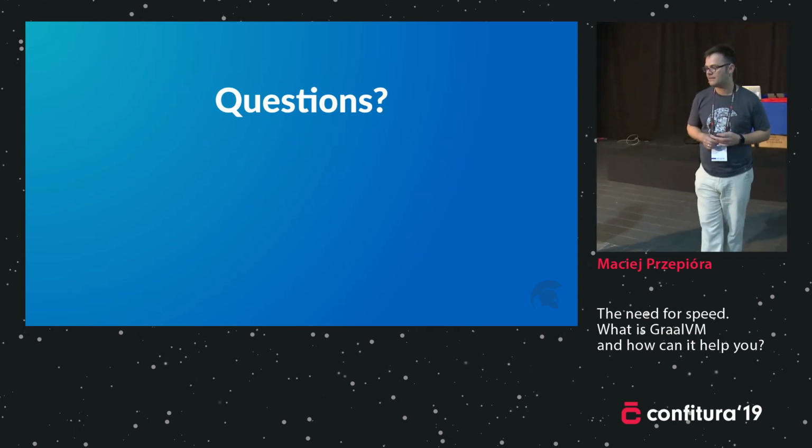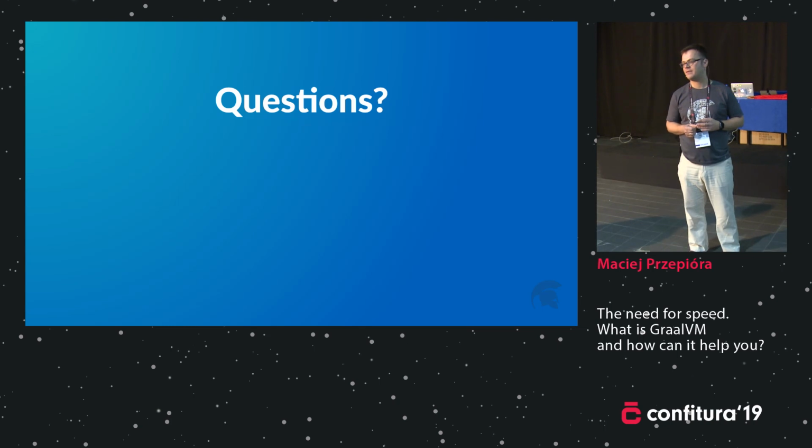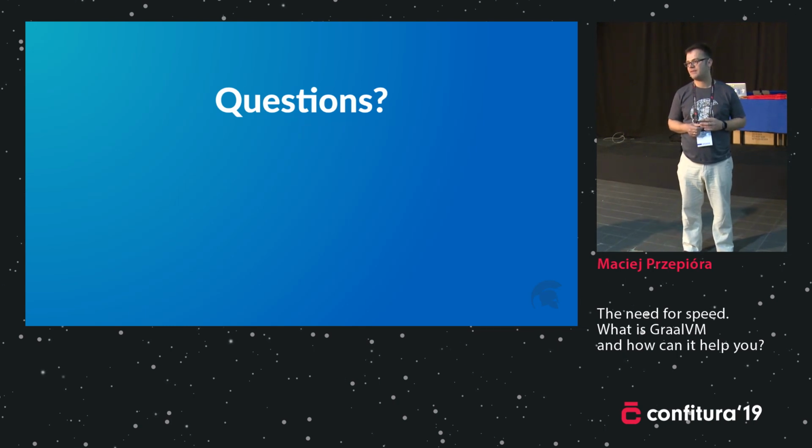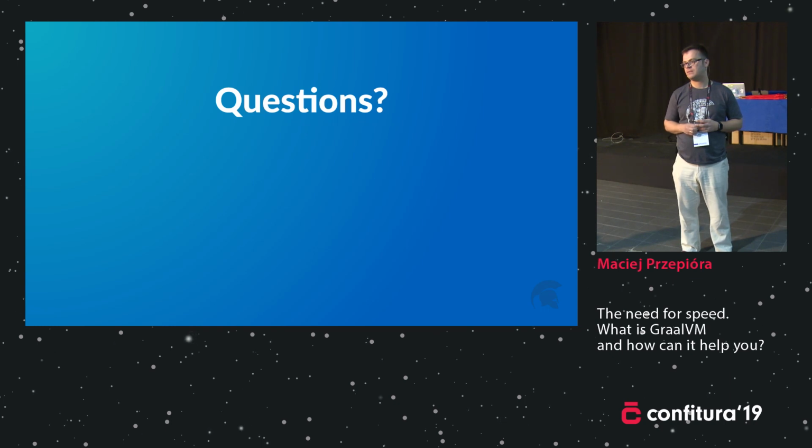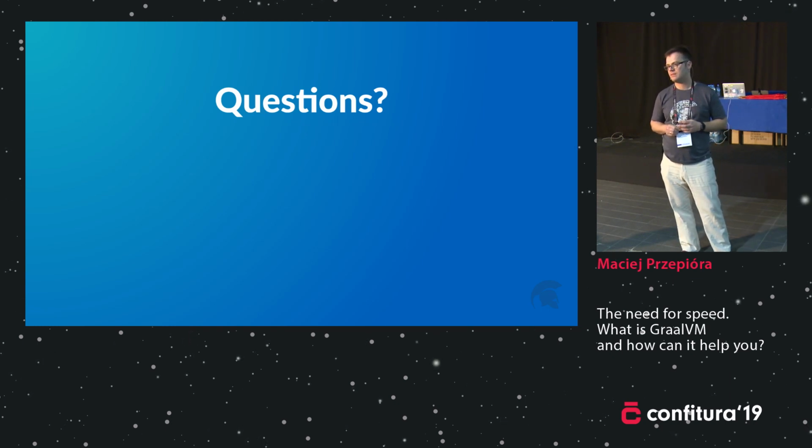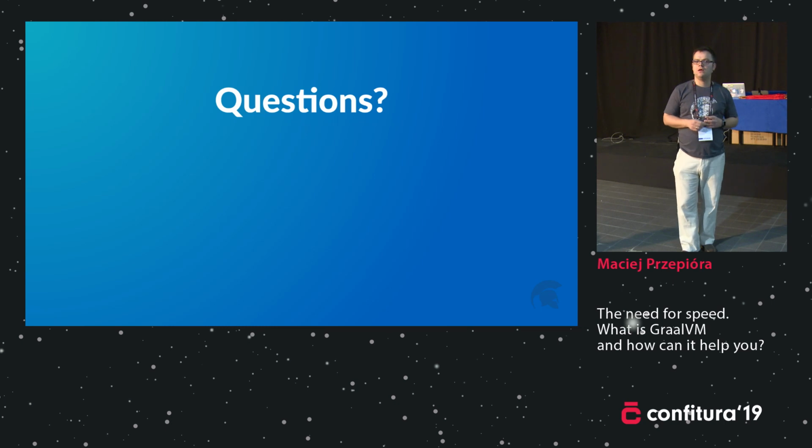I actually have two questions. One of them, is there any time horizon for releasing the production version? And the other one is, have you tried GraalVM with any kind of function as a service framework? I don't know, AWS Lambda, FN, or something like that?